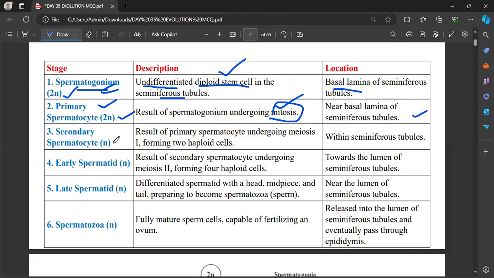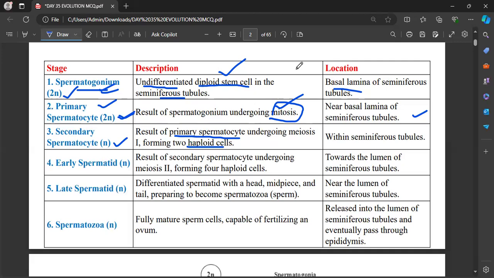Now the secondary spermatocyte results from the primary spermatocyte. This will be the meiotic division of the primary spermatocyte. As a result of meiosis I division of the primary spermatocyte, it results in two haploid cells.